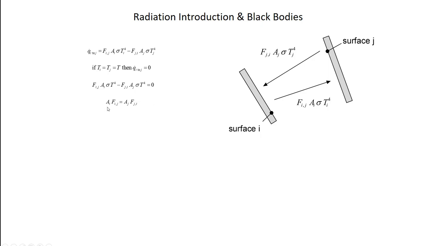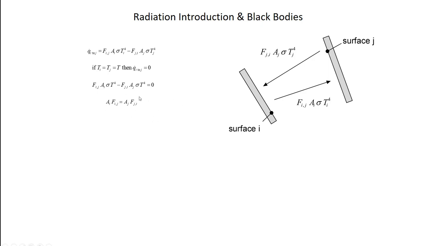They still have the same areas, and they still have the same view factors, because this is all a geometric set of equations here. So all these geometric quantities don't change, even if the temperatures aren't the same or the surfaces aren't black. And the point then is that reciprocity certainly works for two black surfaces at the same temperature. It also works for two non-black surfaces at different temperatures, right? It doesn't matter what the temperatures are or what the surface characteristics are.